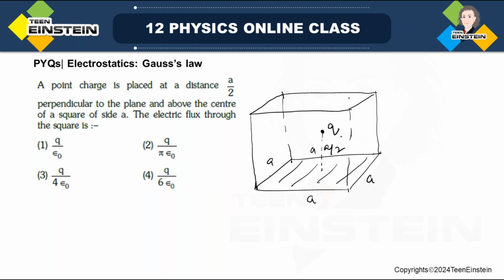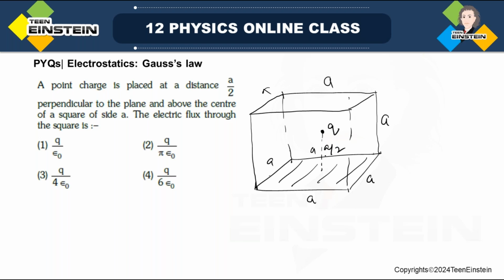So you can see we have to consider that this particular square surface which is given is a part of a cube of side A. The charge which was placed at a by 2 perpendicular distance from the given square surface is now enclosed by the whole cube.